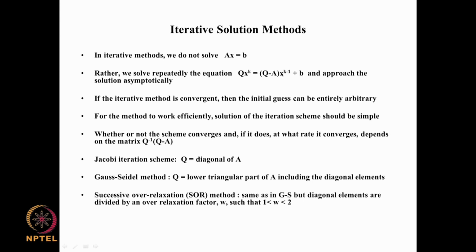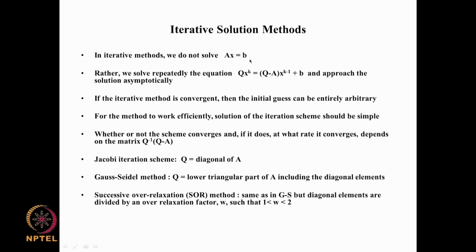So, Qx^(k minus 1) and Qx^k will cancel out and this minus comes here, you get back this equation. So, even though you are solving this equation which looks different from this equation, the converged solution is the same as this equation. Okay.